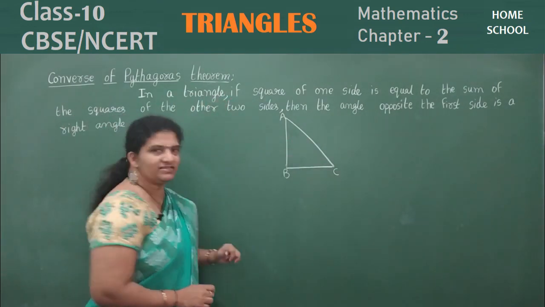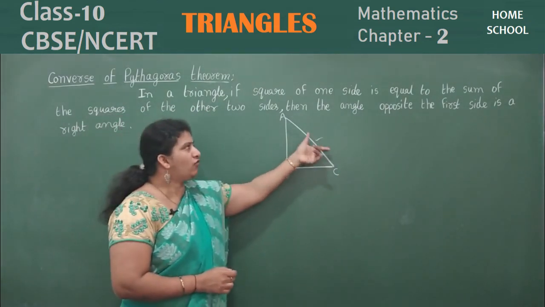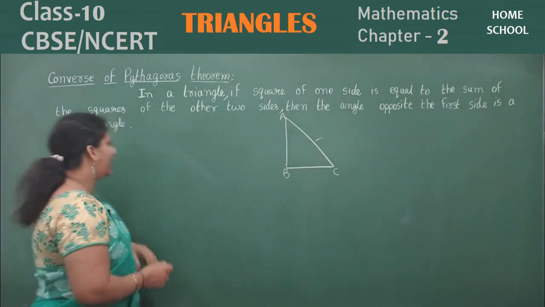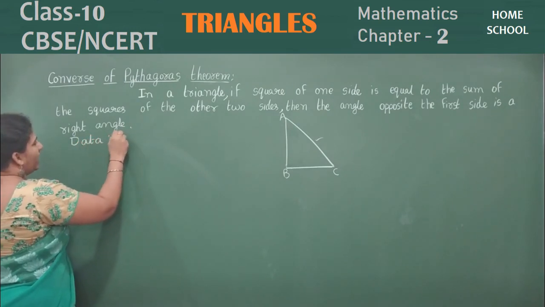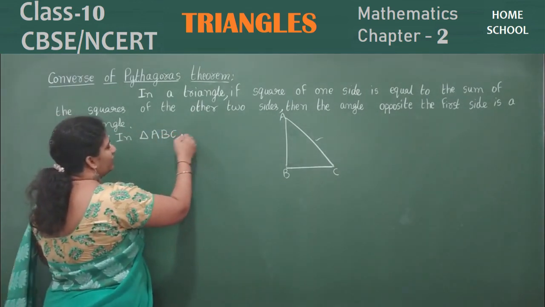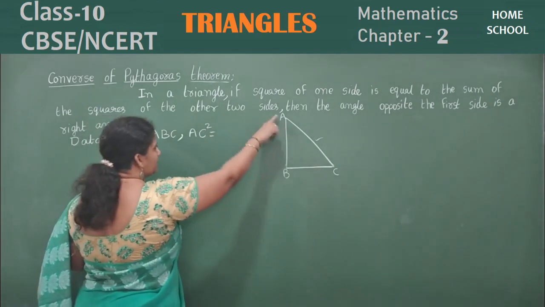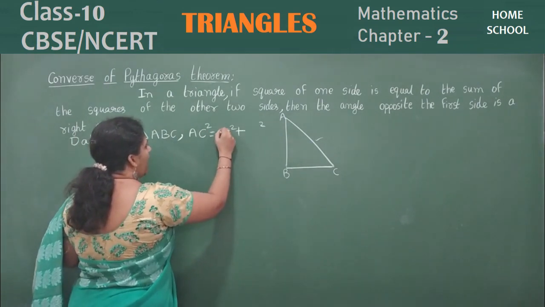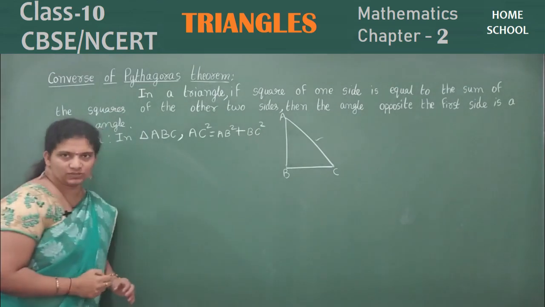If the square of one side, children, is equal to the sum of the squares of the other two sides, that means in the data, what do I write? In triangle ABC, what did they give? The square of one side is equal to the sum of the squares of the other two sides: AB square plus BC square.